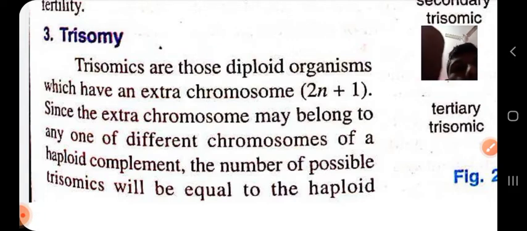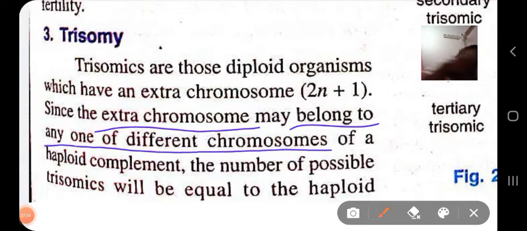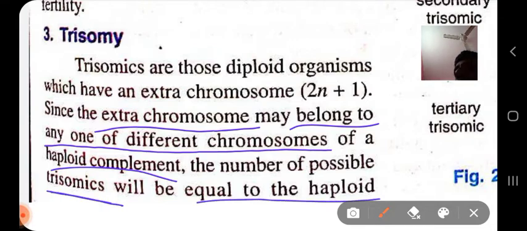Since the extra chromosome may belong to any one of the different chromosomes of the haploid complement, the number of possible trisomics will be equal to the haploid chromosome number, just like monosomy.